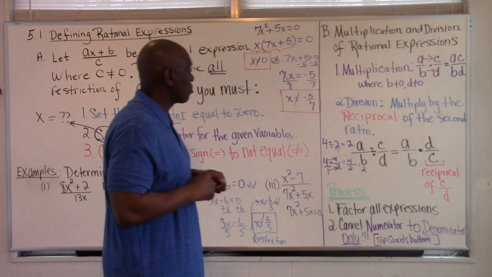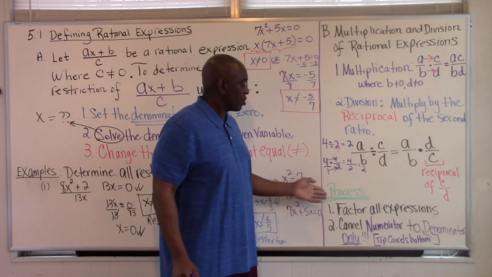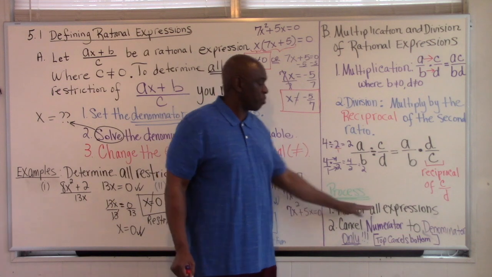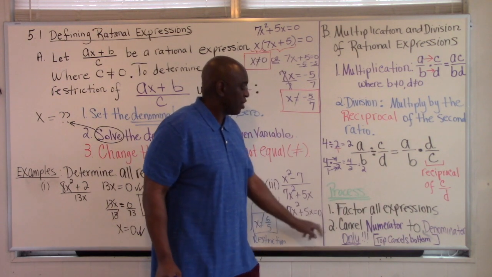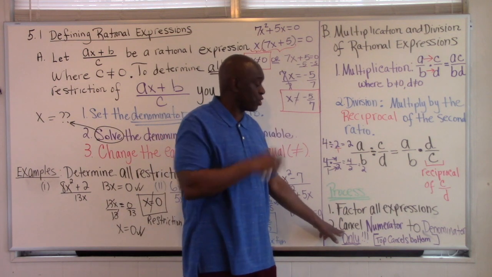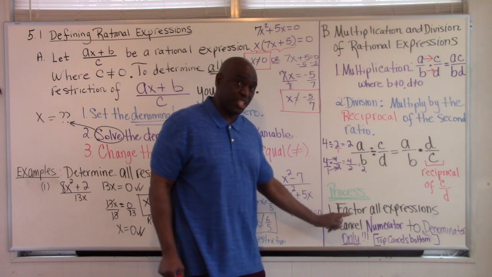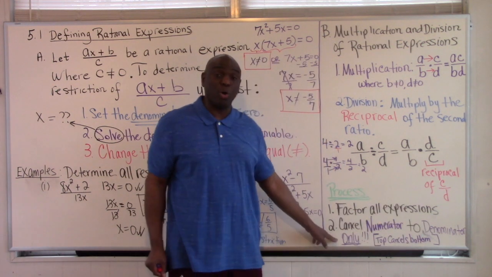Okay? So here's what we're going to do. Here's going to be our process. The first thing you're going to do is factor all expressions. That's 1. After you factor all expressions, 2, you're going to cancel. The reason we're doing these types of problems is for expressions to cancel. And you cancel numerator to denominator only.